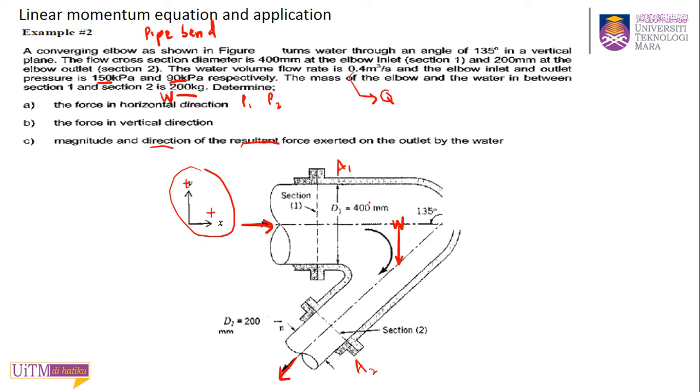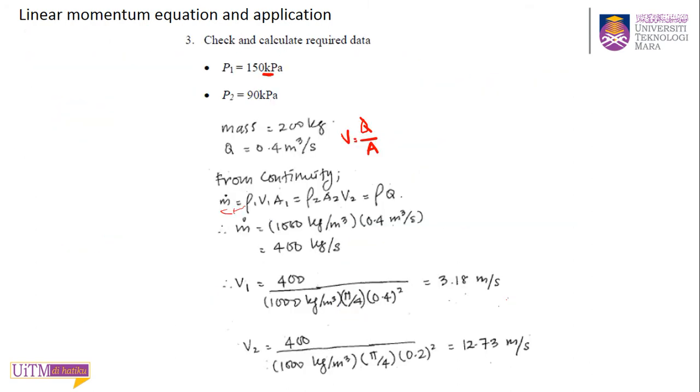So it depends lah on the question. If they provide you with the weight, you need to consider the weight. If they don't mention at all the weight, or they said the weight of this pipe is negligible, you don't have to consider the weight lah, W. Okay? Alright.